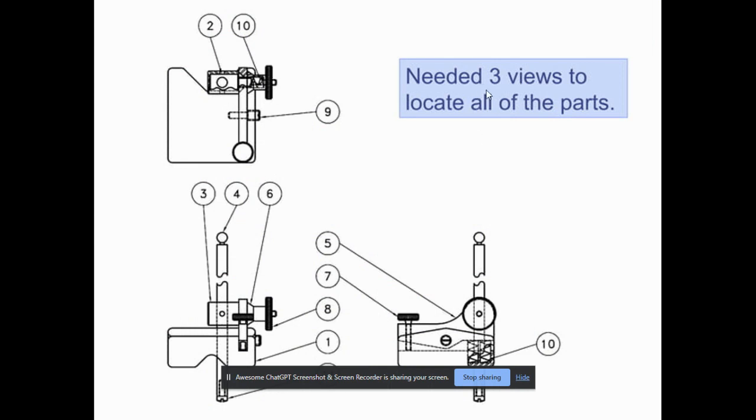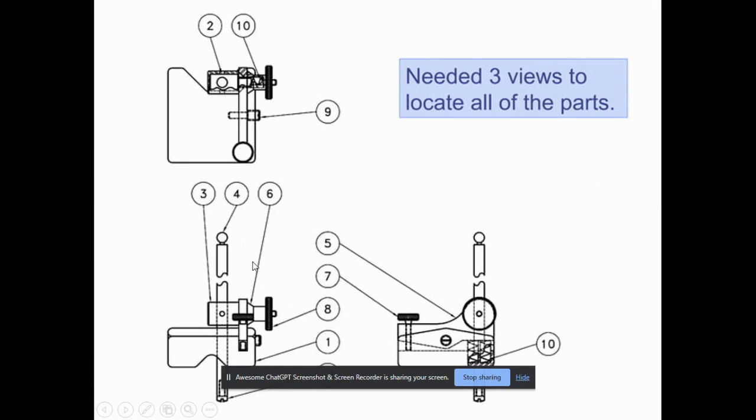So this is a drawing that requires all the views: the top view, the right side view, and the front view. If you look at parts number 2, 10, and 9, they cannot be easily identified in the front view.